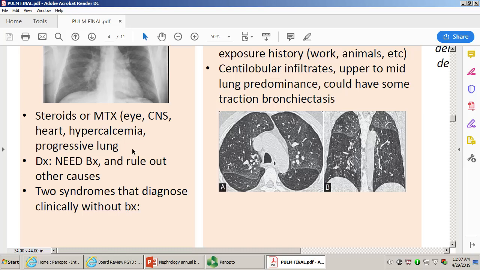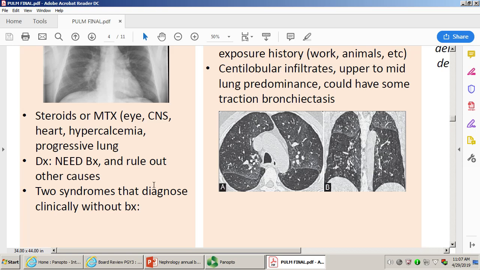Treatment for sarcoid is challenging because there's really not a lot of improvement that you get from therapies. So if somebody has significant organ infiltration, so CNS, eye, or really progressive lung changes, then you would want to increase the immunosuppression.